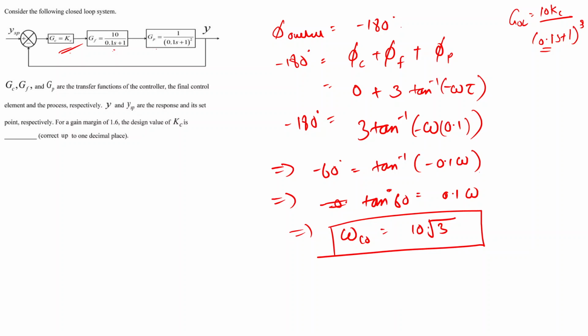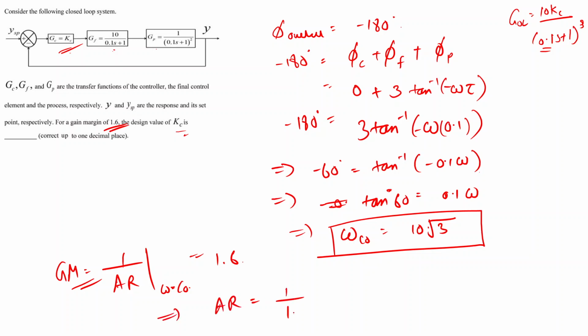Now we need to find the amplitude ratio at this crossover frequency, and by using this gain margin we can find the value of Kc. We define the gain margin as 1 upon amplitude ratio at omega equal to omega C0, and this gain margin we have already been given as 1.6. So we can write the amplitude ratio is equal to 1 upon 1.6, and now we need to find this amplitude ratio.